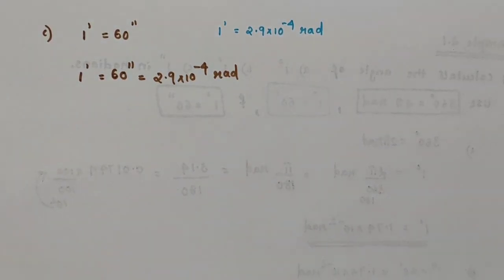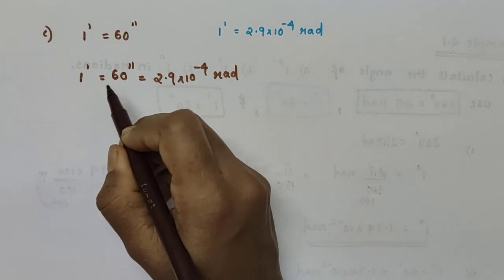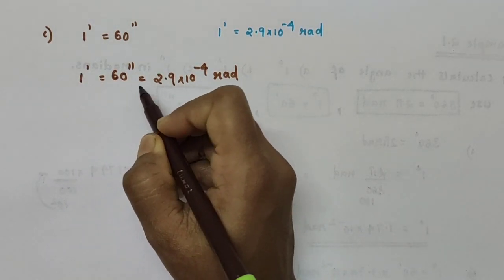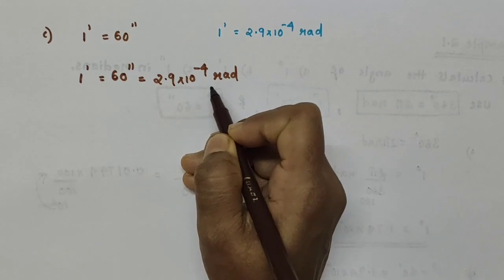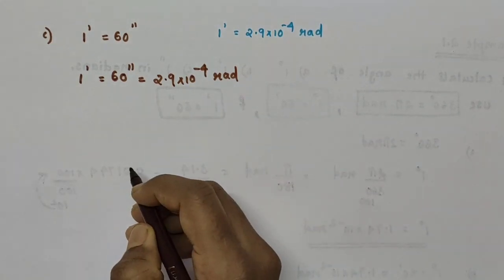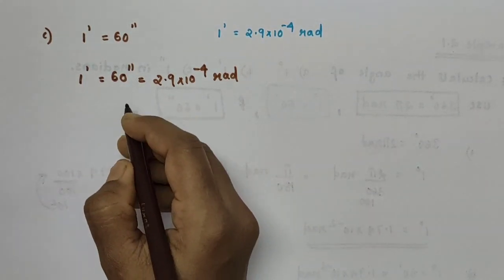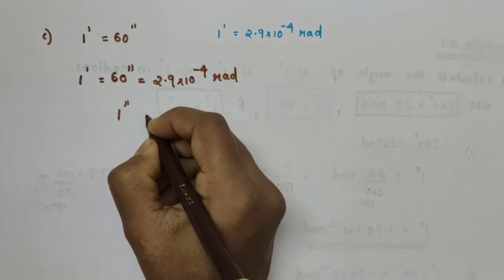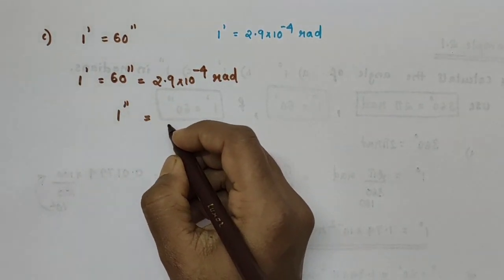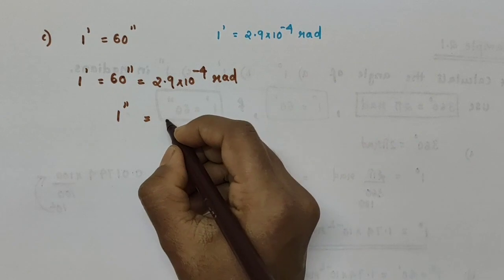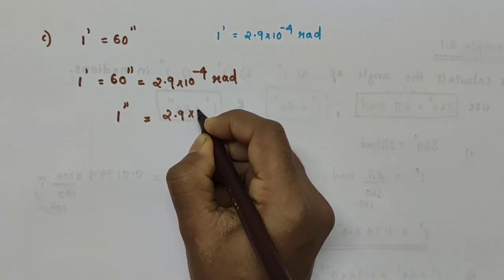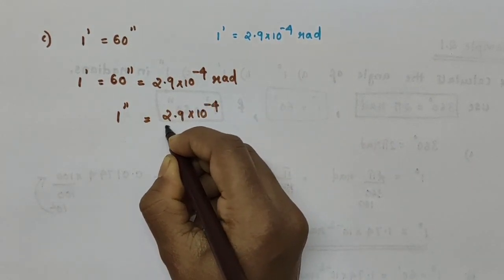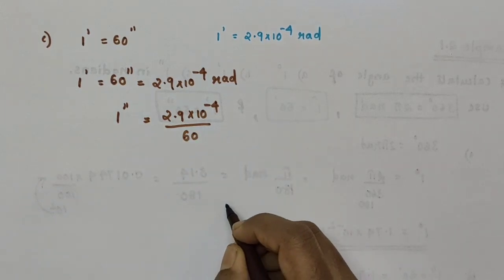So 60 arc second is equal to 2.9 into 10 raised to minus 4 radian. From this, we can write 1 arc second is equal to 2.9 into 10 raised to minus 4 divided by 60.